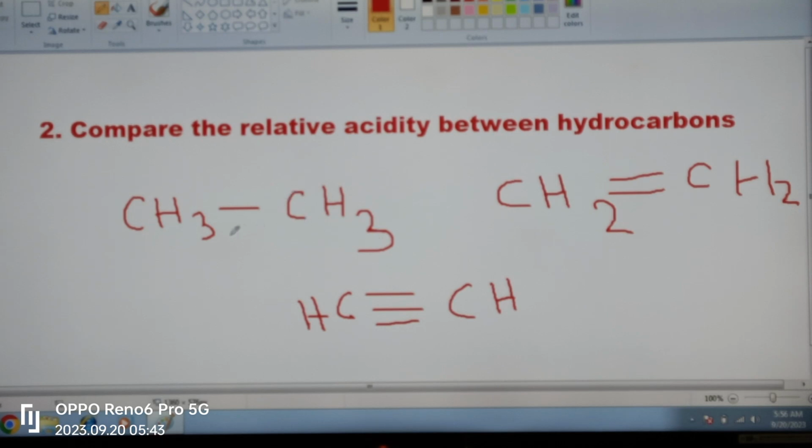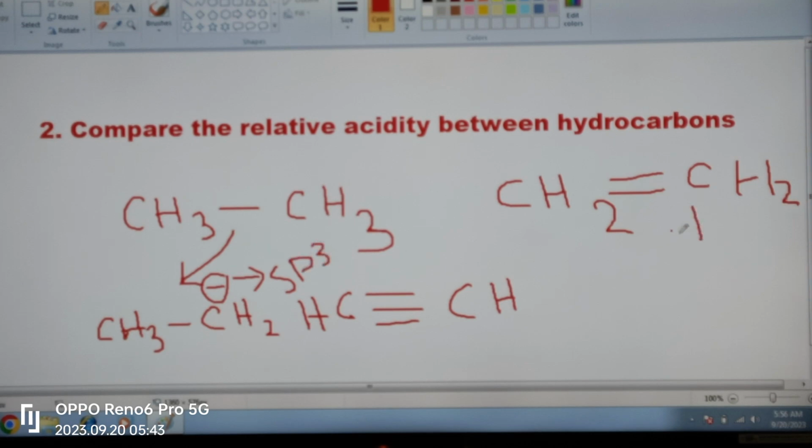So here you see the conjugate base of ethane is CH3CH2 minus. Here the electron is in an sp3 hybrid orbital. So this is clear for all of you. And here in ethylene the hybridization is sp2, and the electron in the conjugate base will also be present in an sp2 hybrid orbital.